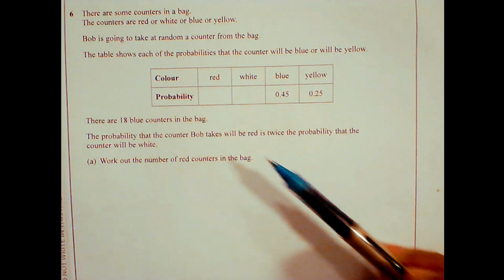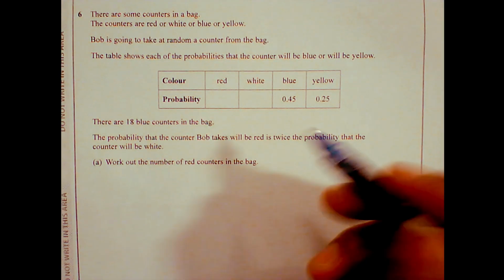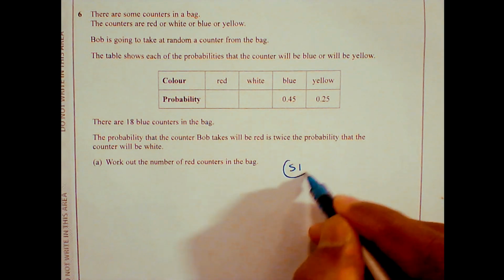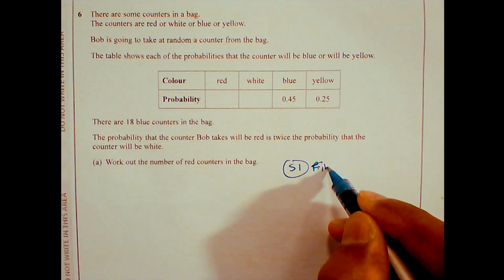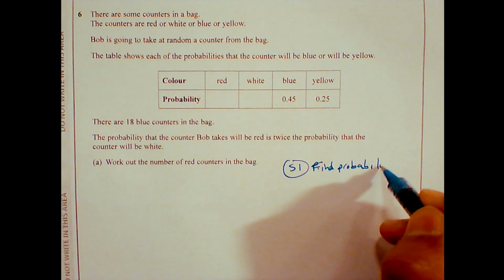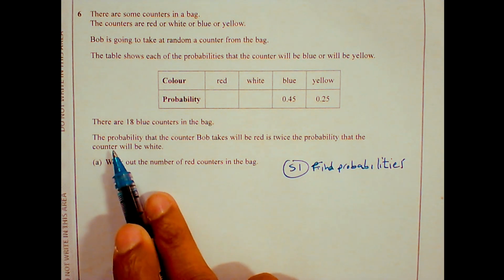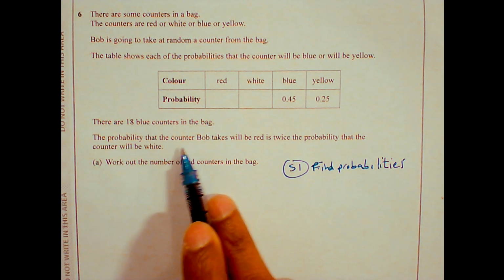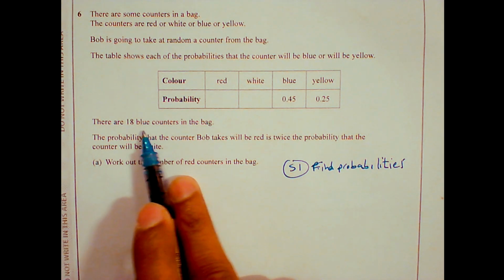So let's look at the steps. First of all, we need to find the probabilities of this. So step 1 is to find probabilities. The probability that the counter Bob takes will be red is twice that. We've got information about a blue counter.